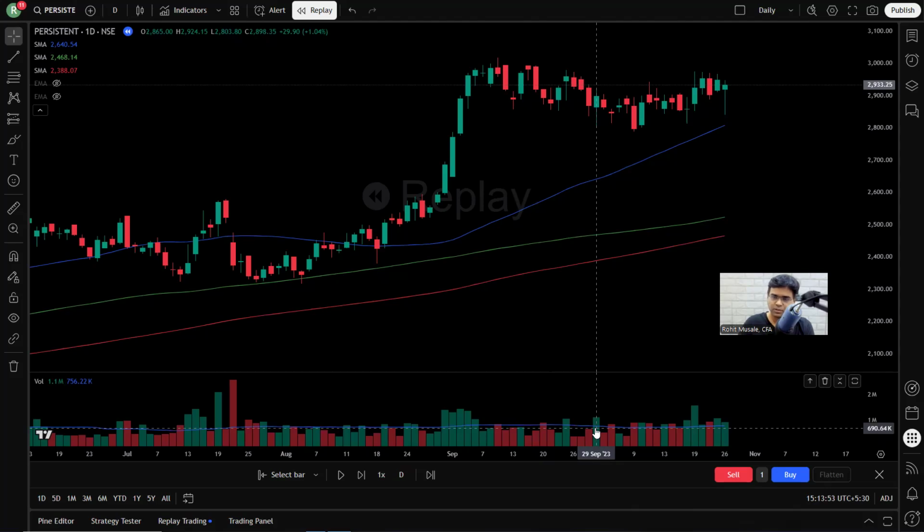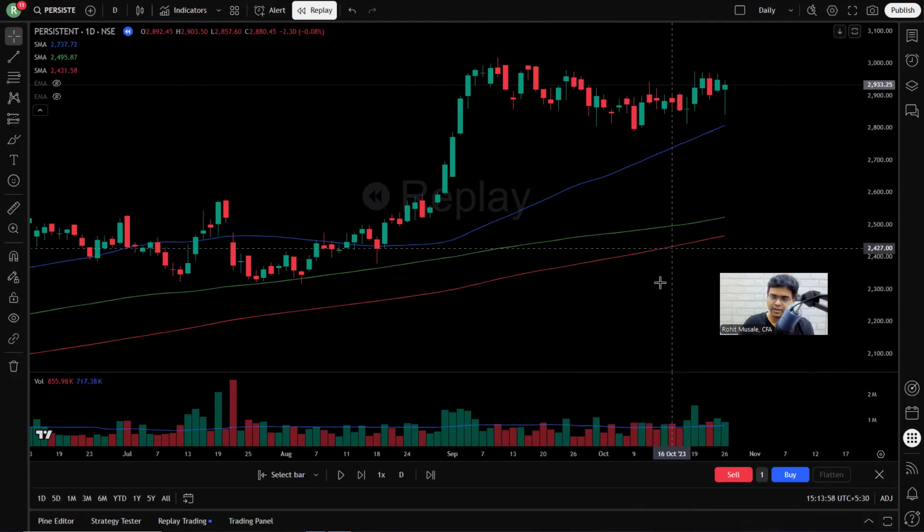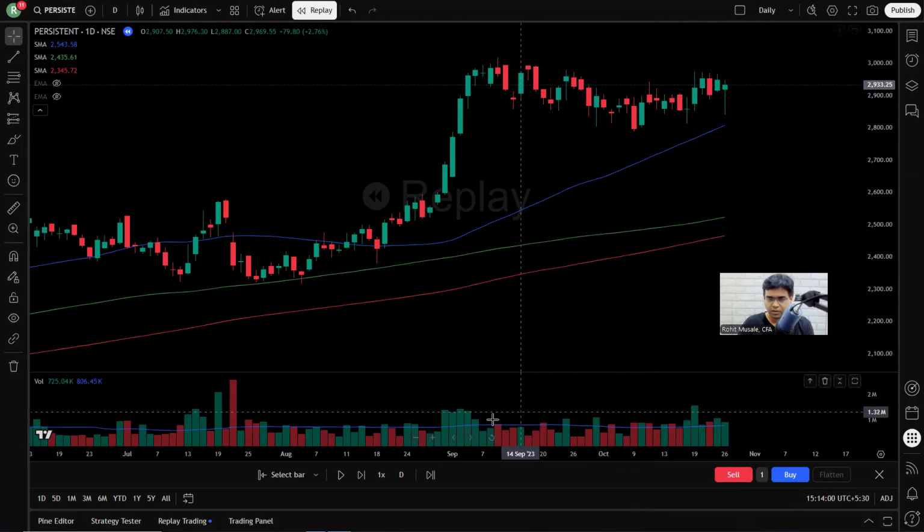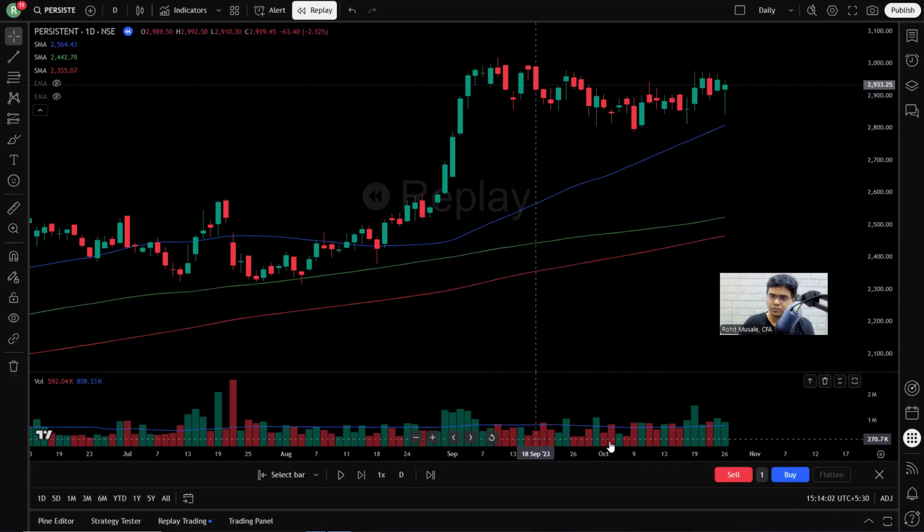That is the reason why we don't want to use a candlestick chart to analyze volume. Overall, if you see, most of the time the volume has been below the average. But if you want a more refined analysis, then a bar chart is better.